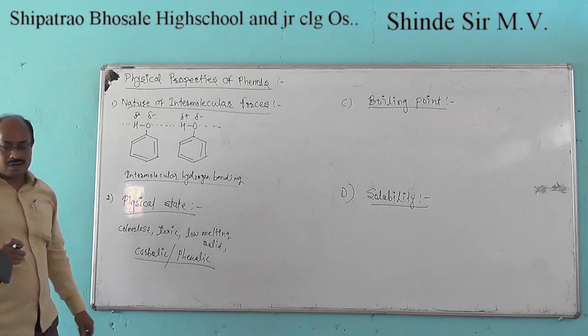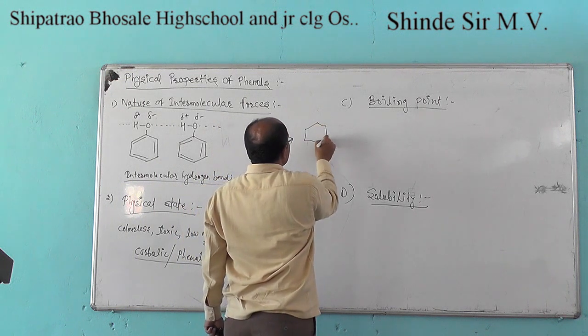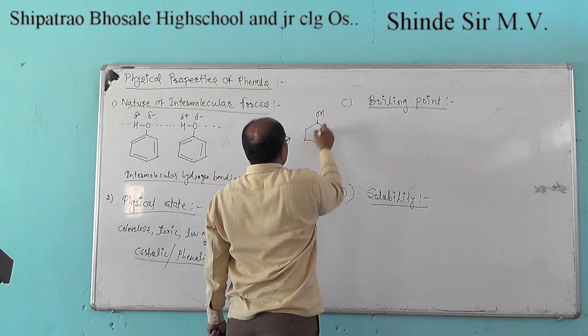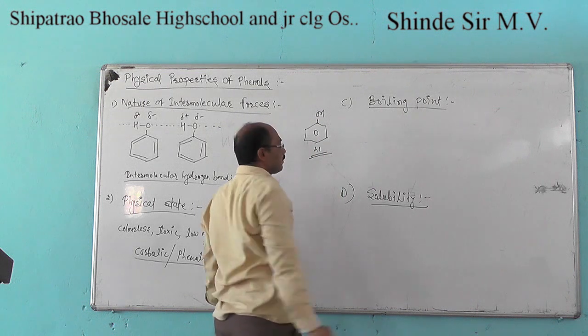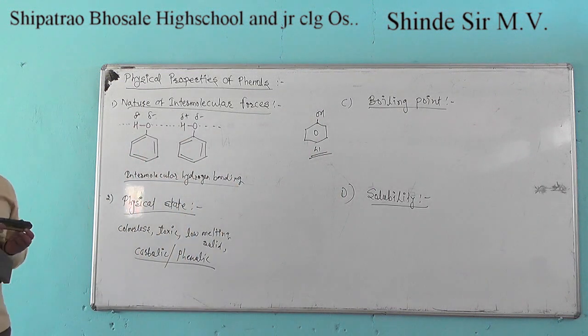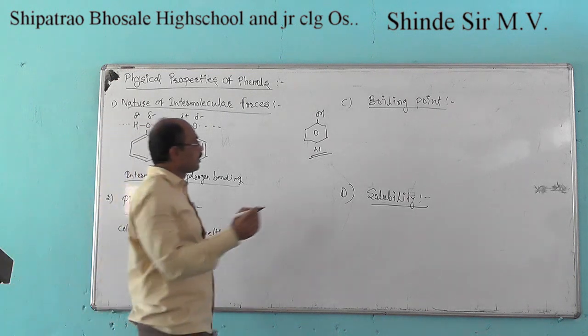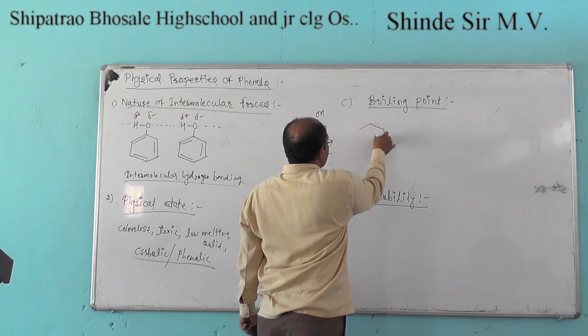For example, phenol has a boiling point of 41. We also have other groups like para-cresol, whose melting point is 35 degrees centigrade.